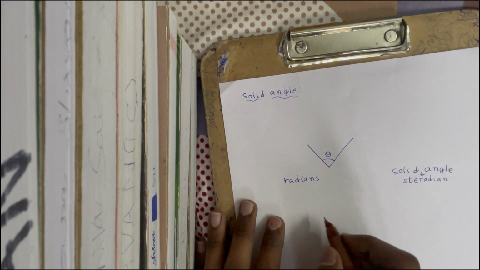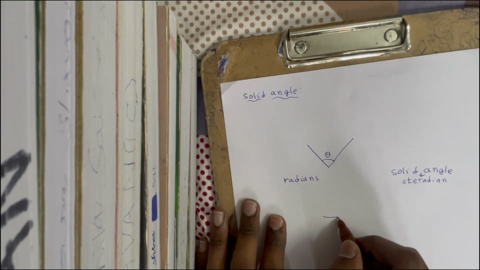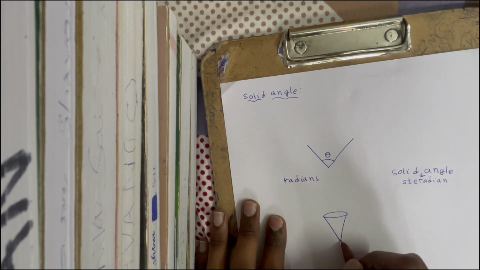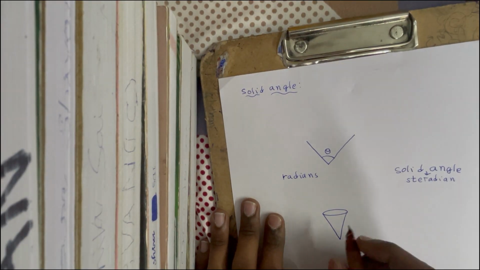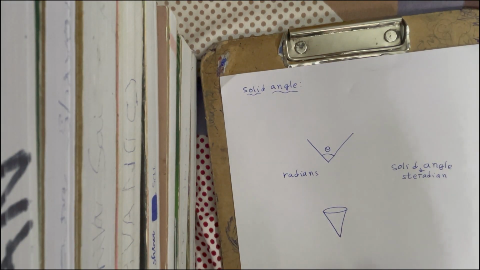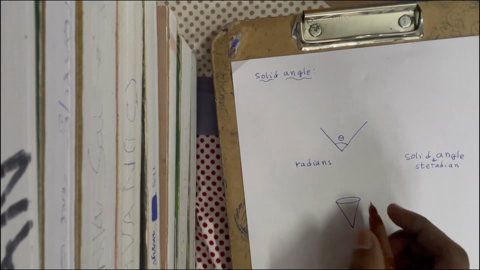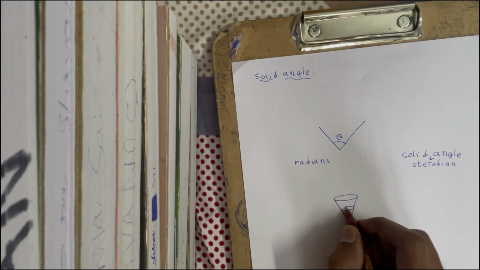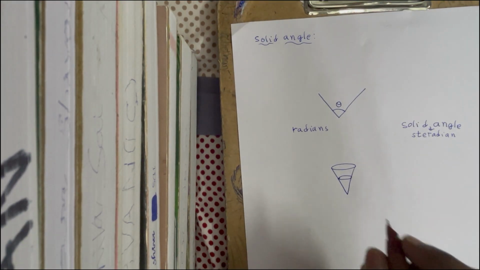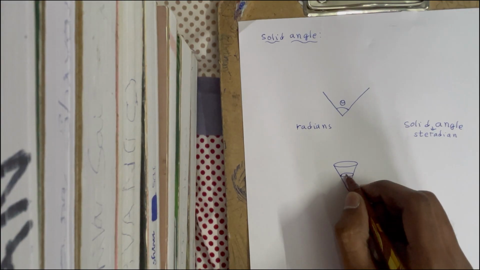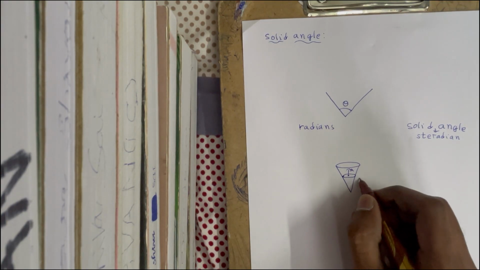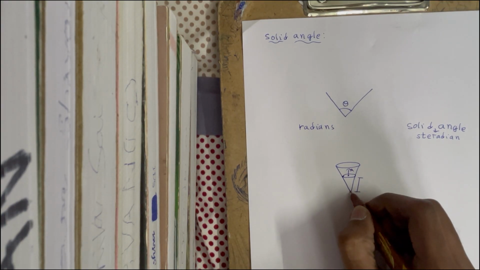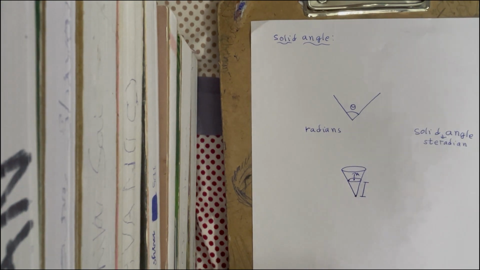So let's suppose we take a cone. Then the solid angle enclosed by the cone can be the area of the circle in this direction divided by the square of the distance from which we are measuring the solid angle.